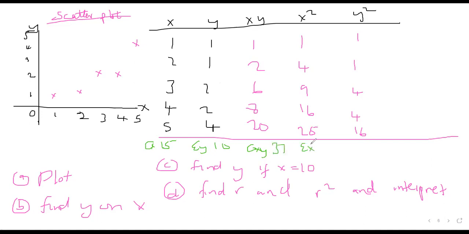Summation of x squared is 55, and summation of y squared is 26. Our n, how many pairs or how many rows we have, is 5.